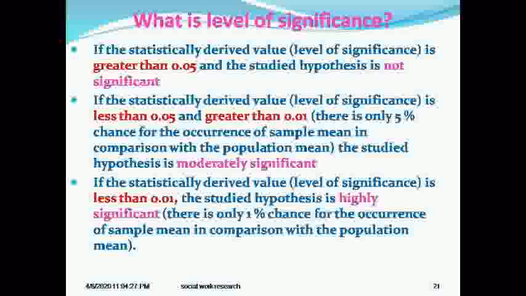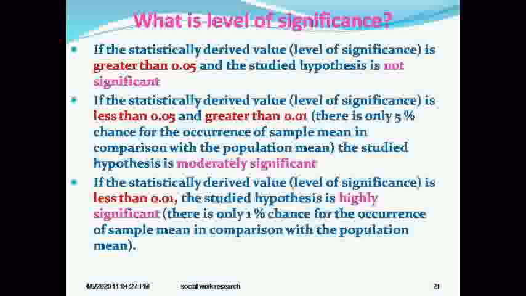So these are the 3 levels of significance generally used in research. If the derived value is more than 0.05, then we have to reject the hypothesis. We can say that it is the null hypothesis and there is no relationship between the 2 variables. We can't establish any relationship between the studied 2 variables.